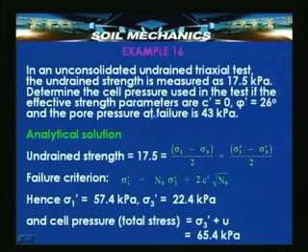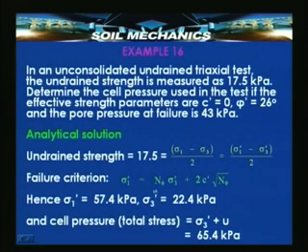The next test is again an unconsolidated undrained test. Here we have the total strength measured as 17.5 kilopascals and the cell pressure used. If the effective strength parameters are C dash equal to 0, phi dash equal to 26 degrees and the pore pressure equal to 43 kilopascals, what would be the cell pressure? We know the undrained strength must be equal to sigma 1 minus sigma 3 by 2, or sigma 1 dash minus sigma 3 dash by 2, both are equal.